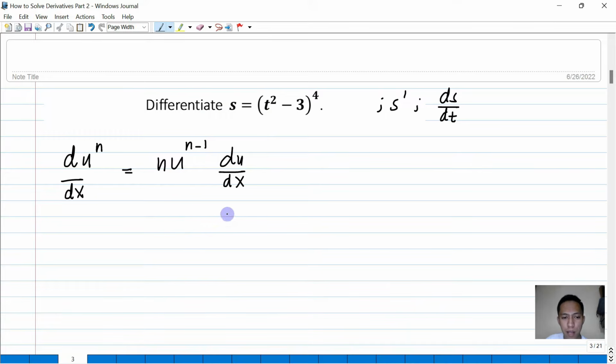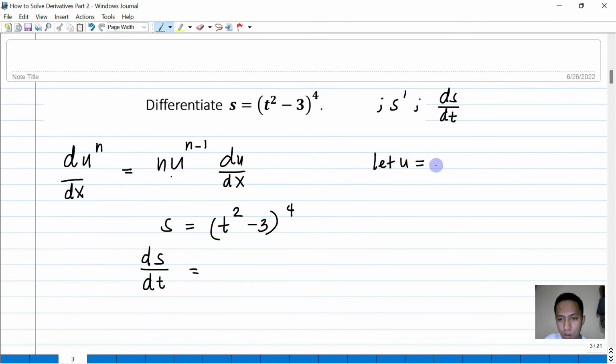So we have the problem S is equal to the quantity t squared minus 3 raised to 4. So we have here the derivative of S with respect to t, equals. So we have this u. Yung u natin is this. So let u equal t squared minus 3.